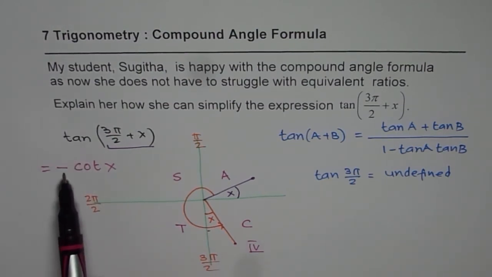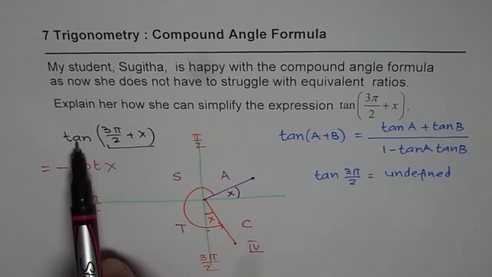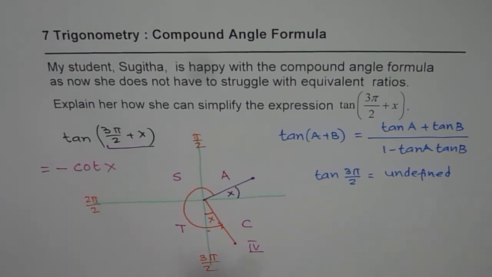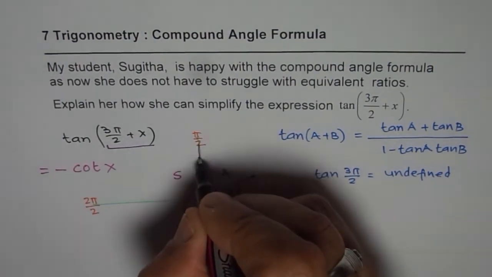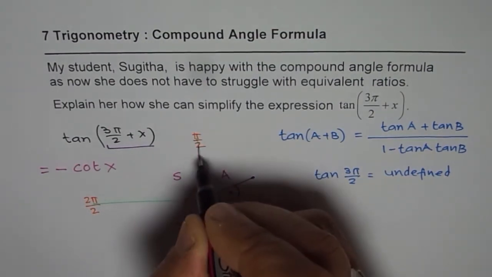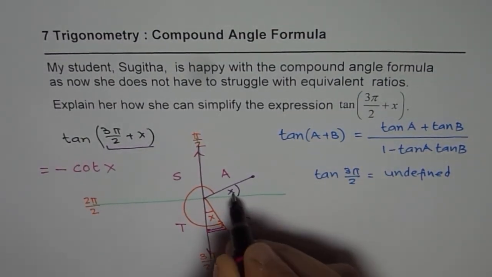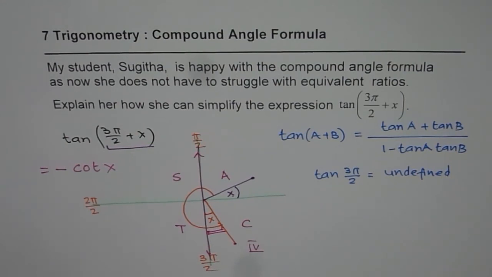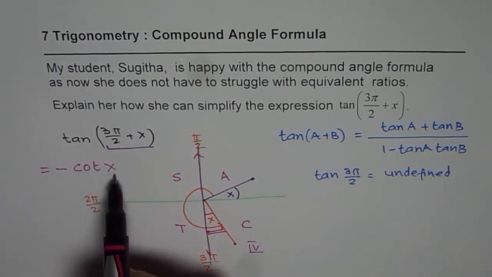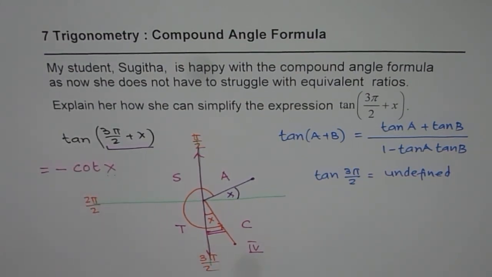So write down negative. And what is a cofunction? Whenever we see a cofunction, we are seeing the angle from vertical. Remember that also. So from vertical, we know it makes x, correct? Therefore, our equivalent expression is minus cotangent of x.